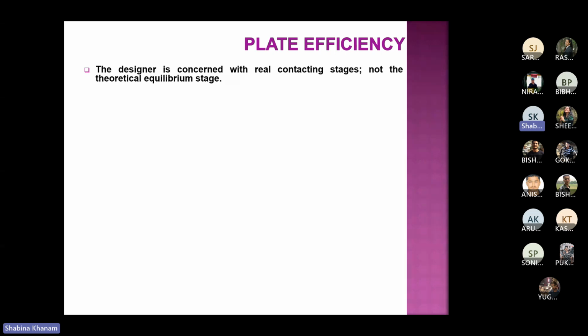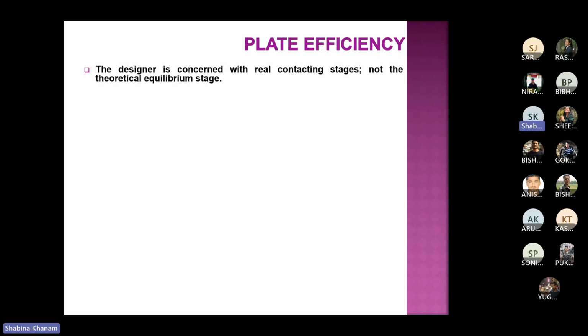Okay, or it considers that the separation is as per the requirement, complete, and because of that we have the ideal number of stages. But in actual sense it is not the case.